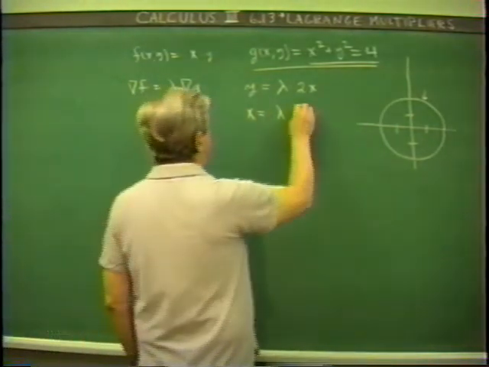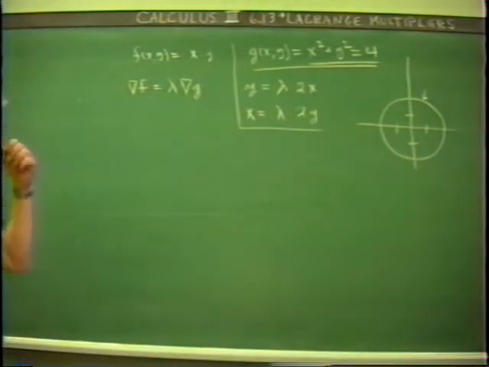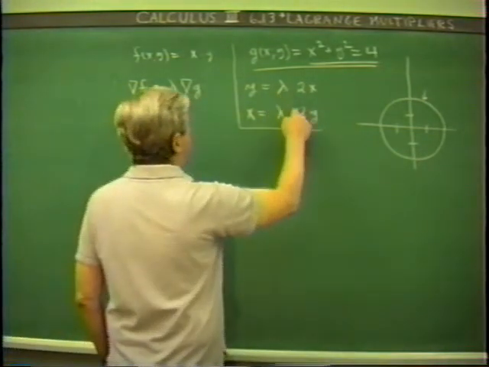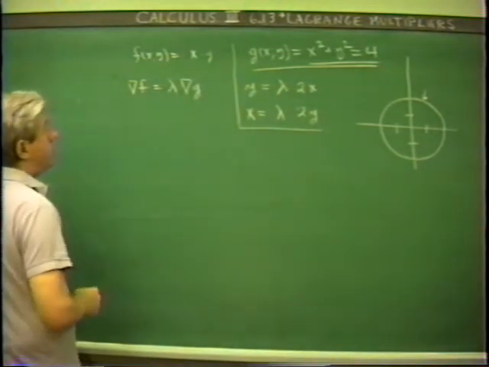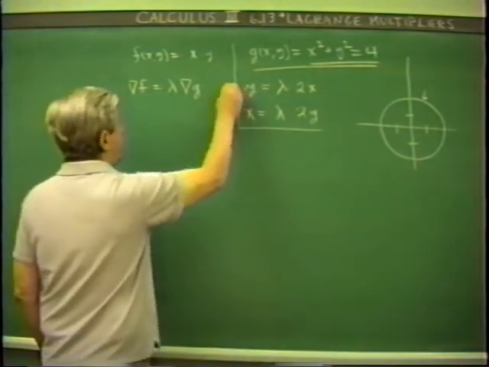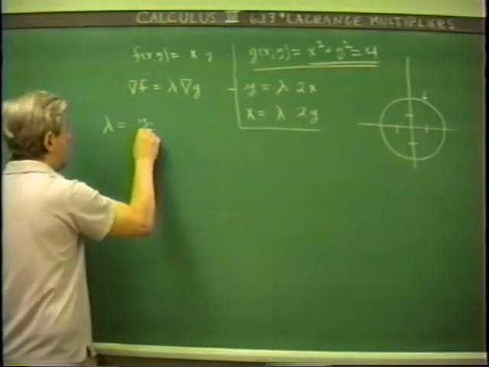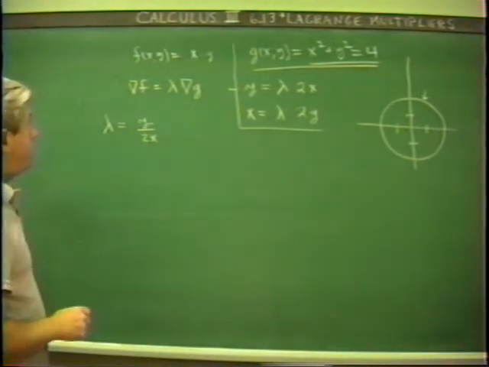If gradient f is lambda gradient g, then the partial of f with respect to y, namely x, is supposed to be lambda times the partial of g with respect to y, which is to say times 2y. So what we have here are these three equations in the three unknowns, lambda, x, and y.